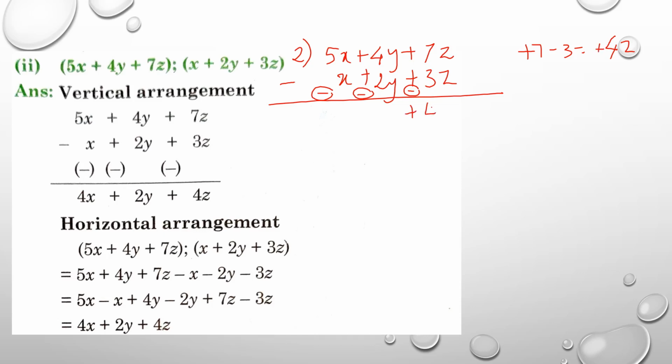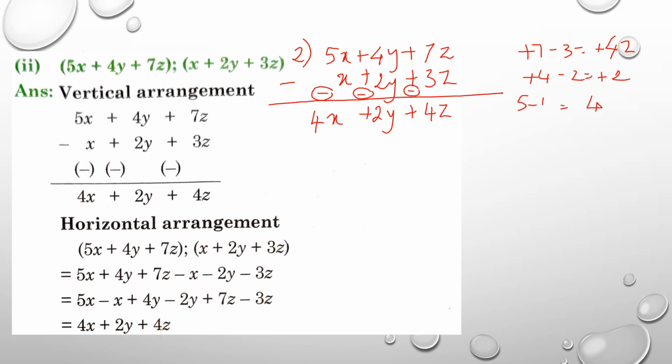Now plus 4 minus 2. What you have to do? Subtraction. So 4 minus 2 is what? 2. 4 is the bigger number. So plus 2y. Now 5 minus 1. What is the answer? 5 minus 1 is 4. So 4x. This is your answer.